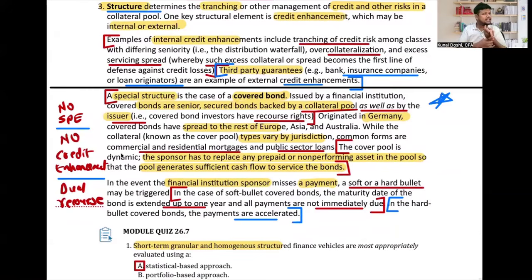So there is no SPV required, and because the risk is taken by the bank, you have double protection or dual recourse, and therefore there is no need for credit enhancement. One example of external credit enhancement is taking a third-party guarantee. This is required when you are investing in a securitized bond, but if it's a covered bond, that is not needed. Covered bonds are very famous in Europe and other parts. Clear?